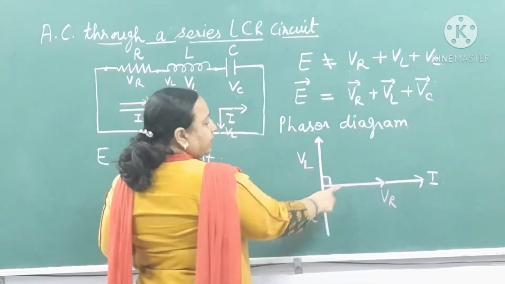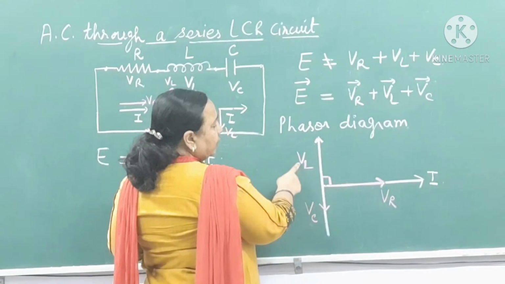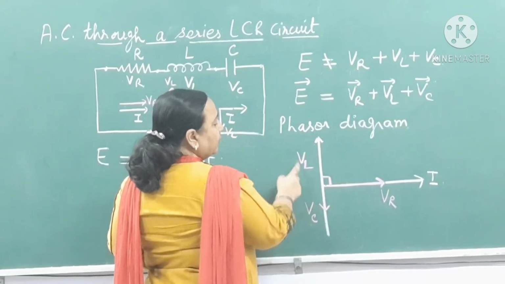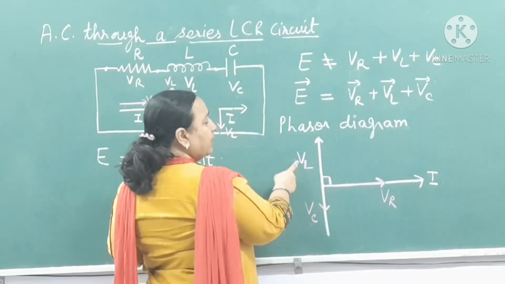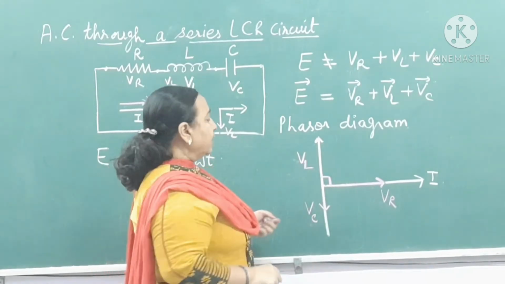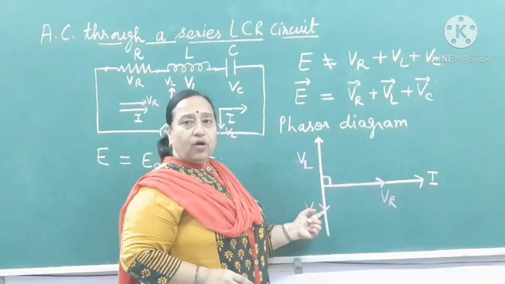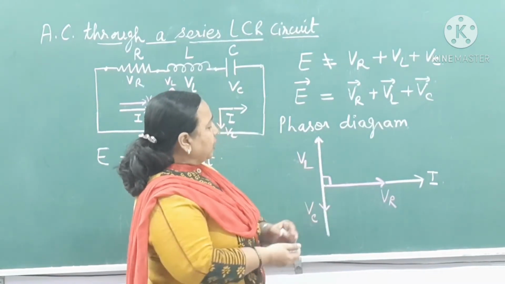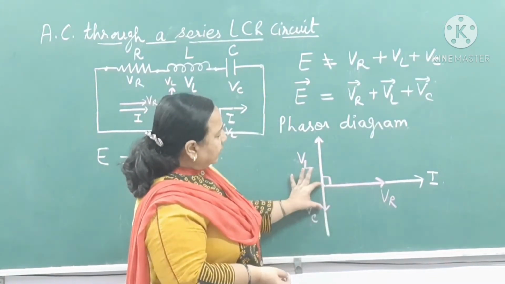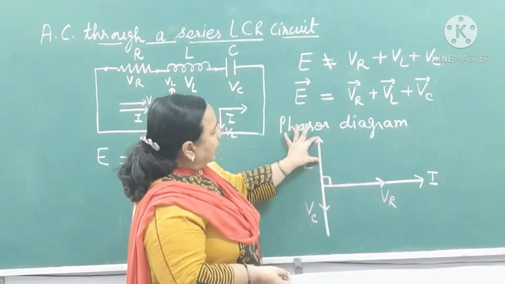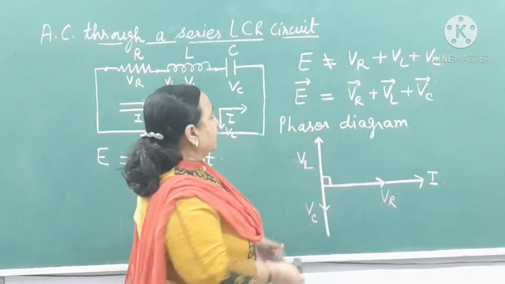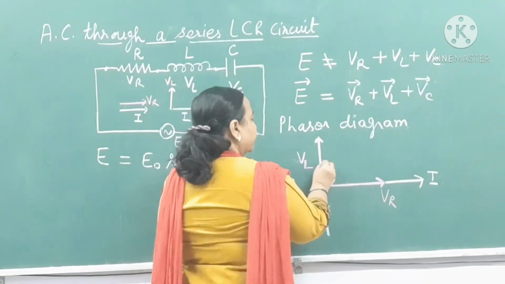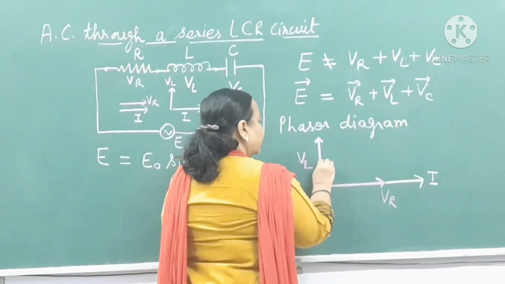In order to add these vectors, first of all, we will add these two vectors VL and VC because they are inclined at an angle of 180 degrees. So the sum of VL and VC can be obtained by cutting the vector VC from the top of this VL. So nearly this much.